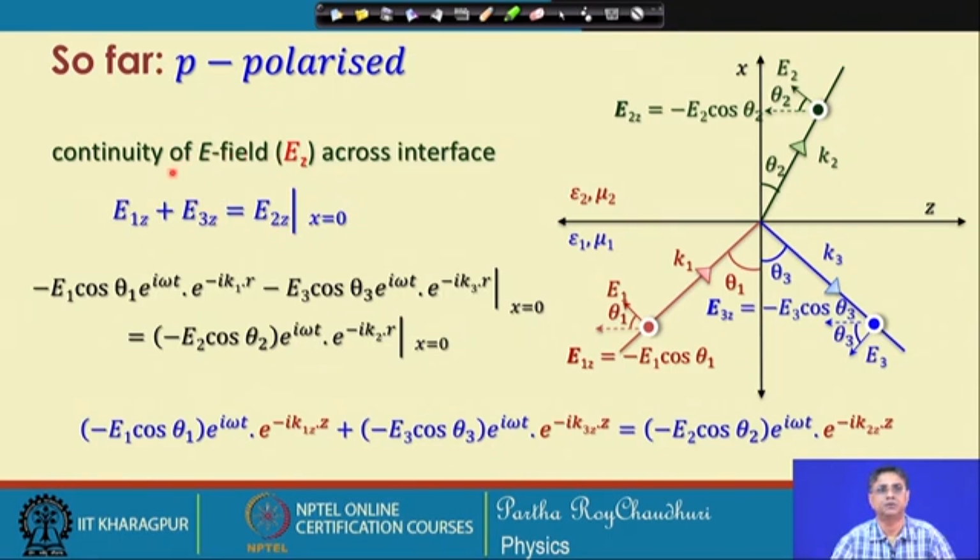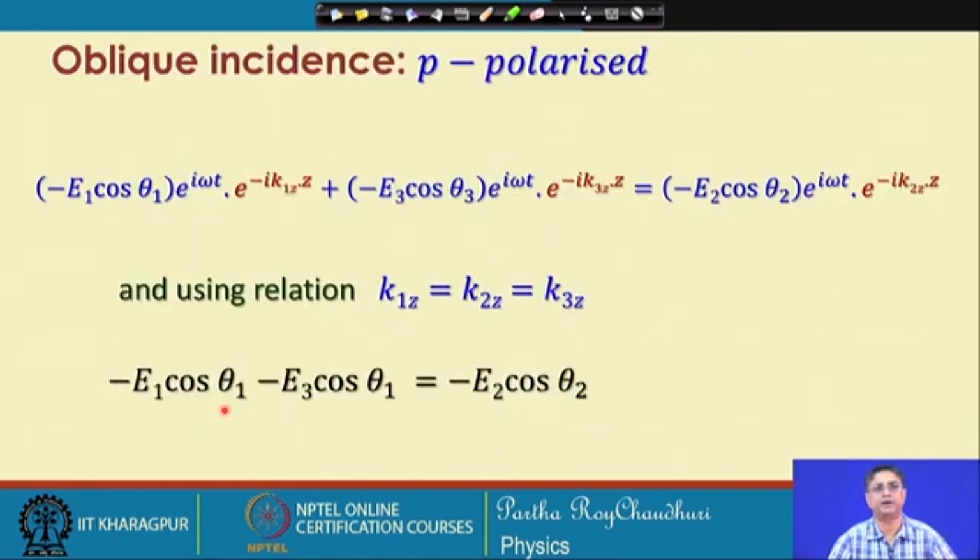If we use the condition that e to the power of i omega t is the same in all terms, then we can write down the same old expression which we have seen earlier. In this form, we will remove this e to the power of i omega t.